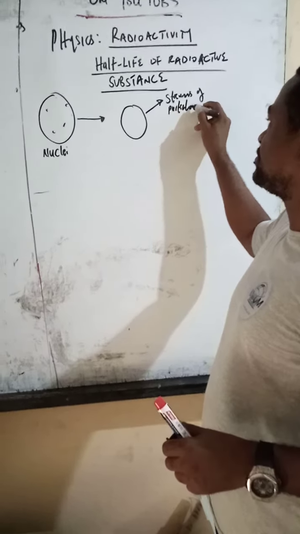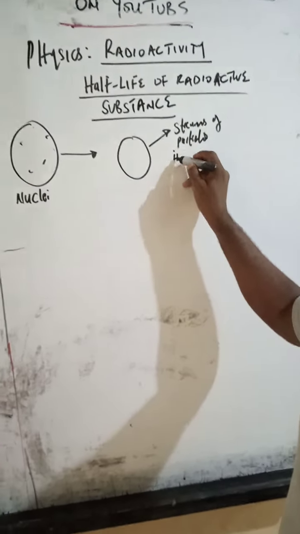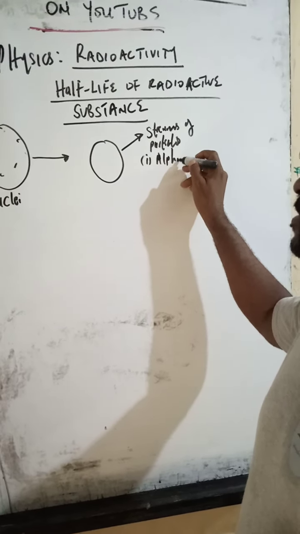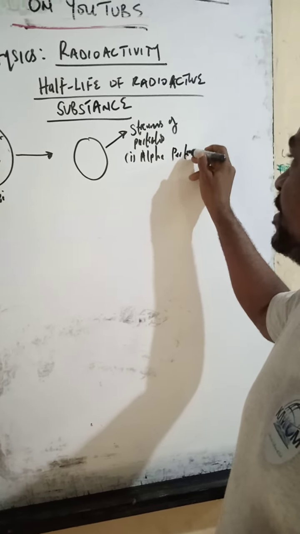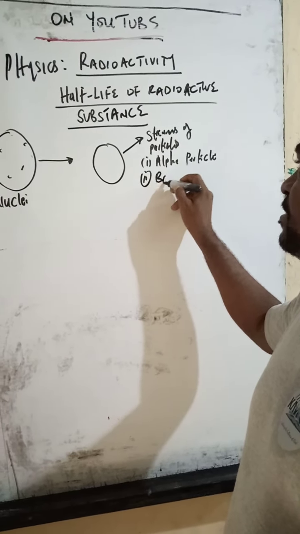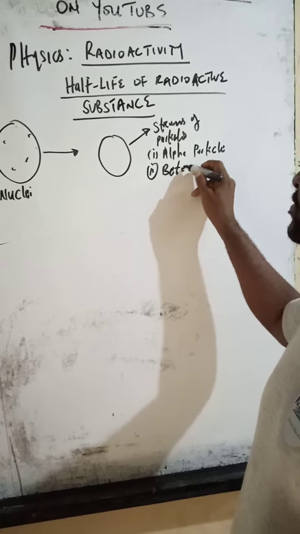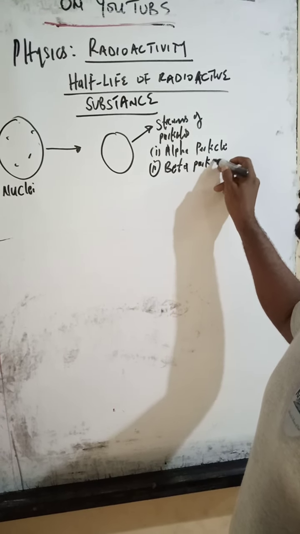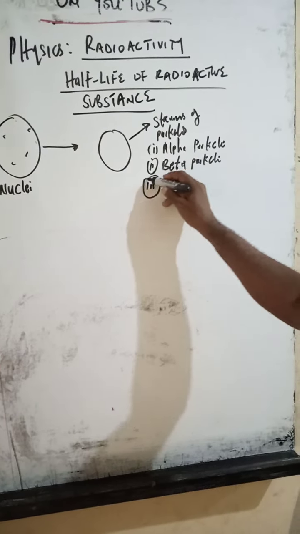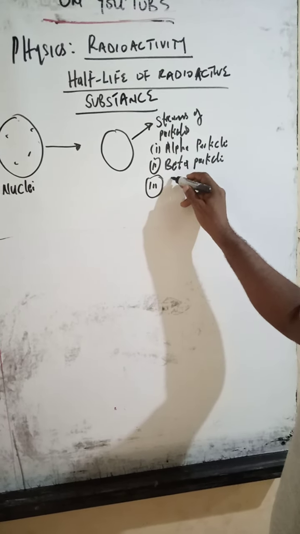These particles are identified to be number one, alpha particle, then number two, beta particle, and number three, we have gamma particle.